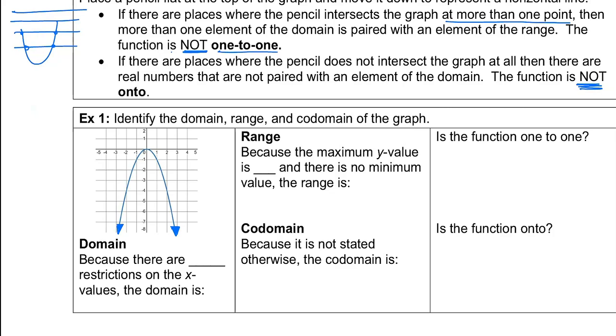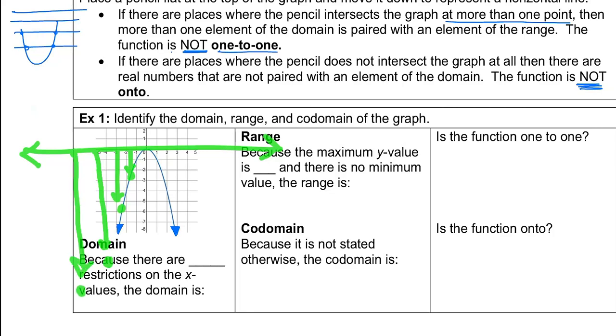So if we're looking at the domain and we're looking at the x-axis here, whoops, I lost my x-axis that I drew in. Okay, so there's my x-axis. Then you can start looking, and you can see, right? If I go down here, there's a point. If I go down here, there's a point. If I go down here, there's going to be a point, right?